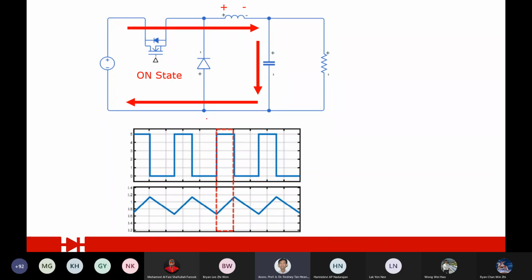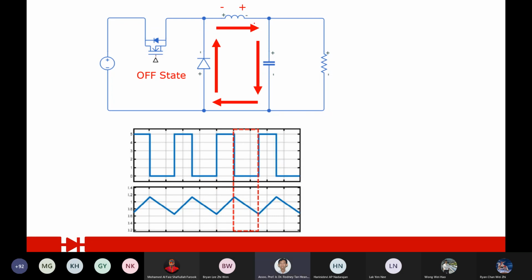Okay, and then you will see you are chopping it, right? You have positive, and your inductor is charging. And then when your transistor is off, the energy in the inductor, you see plus minus, changes to the opposite direction.